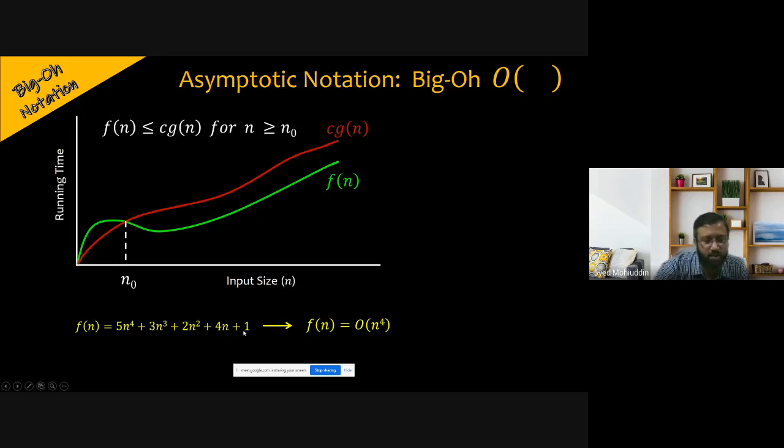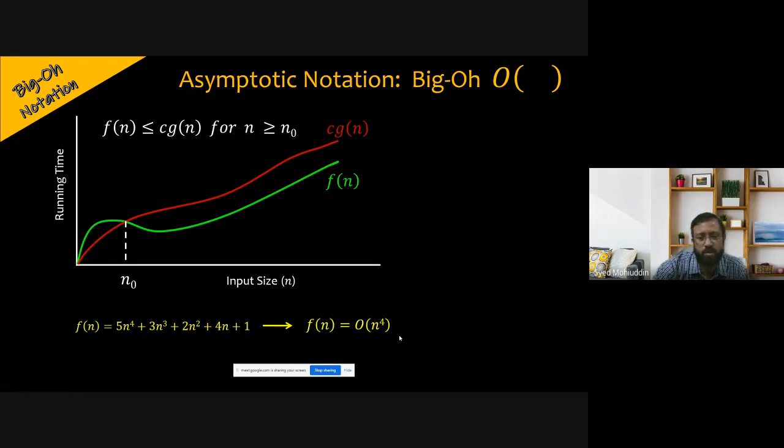The rest of the other components of the equation, n cube, n square, n, 1, are all insignificant. They have no significance to the higher power of n as the size of n increases. So directly by looking at the equation, you can say that f of n is big O of n power 4.